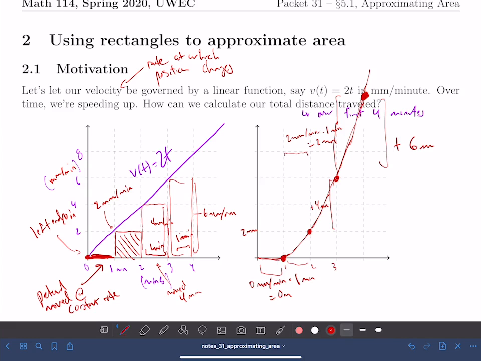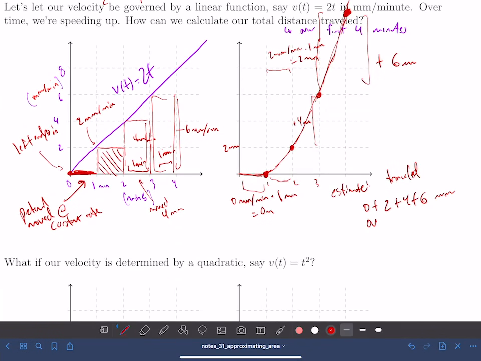I have specifically those time intervals. And so my estimate, I traveled 0 plus 2 plus 4 plus 6 millimeters over those 4 minutes. That is to say, my net change in position is 12 millimeters.